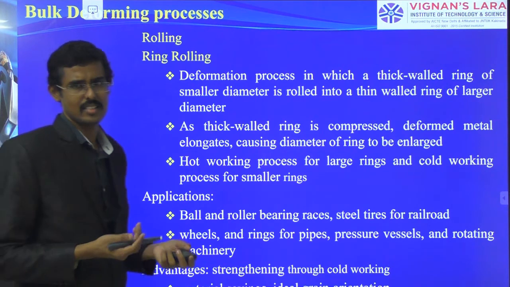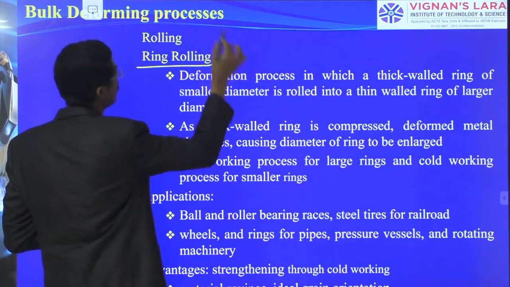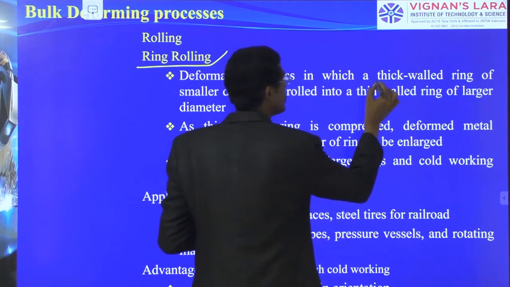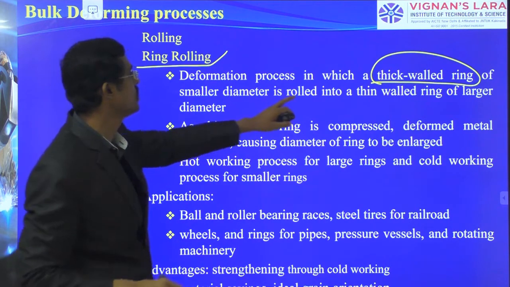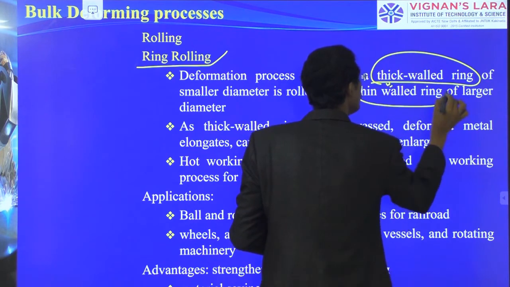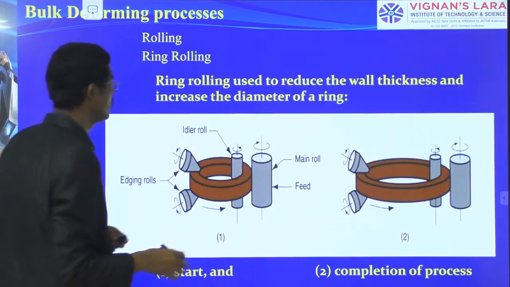One more process is there, named ring rolling operation. What we are doing is a deformation process in which a thick walled ring of smaller diameter is rolled into a thin walled ring. This thick walled ring is converted into a thin walled ring of a large diameter. How am I doing it, you see?